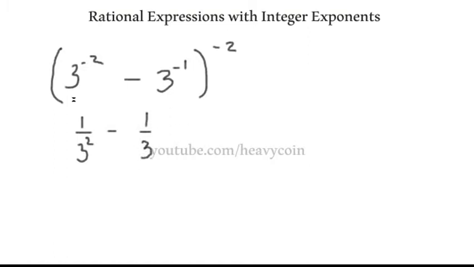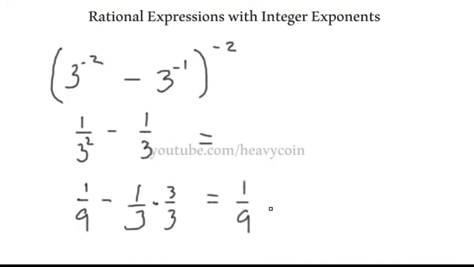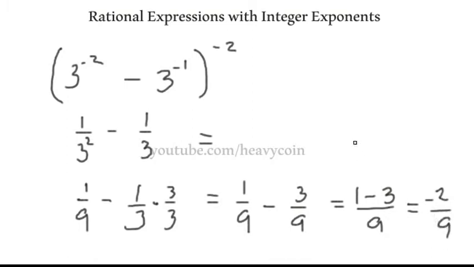Now we're just going to focus on what's in parentheses here. I need to get a common denominator. This is 1/9 minus 1/3. So we're going to multiply a 3 over 3 here so we get a common denominator. So we end up with 1/9 now minus 3/9, which becomes 1 minus 3 over 9, which is negative 2/9.